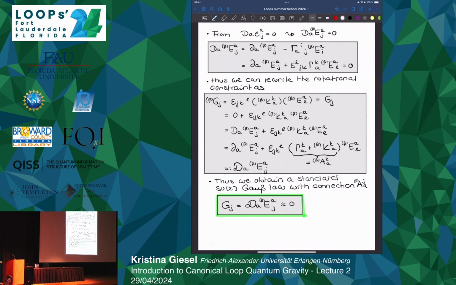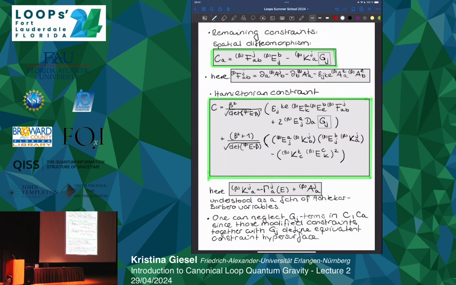So I can introduce a new covariant derivative, curly D, which includes the Ashtekar-Barbero connection, and which means that this rotational constraint can be written as a standard SU2 Gauss law, meaning that this covariant derivative contracted with E^a_j for all j needs to vanish, and these are again 3 additional conditions.